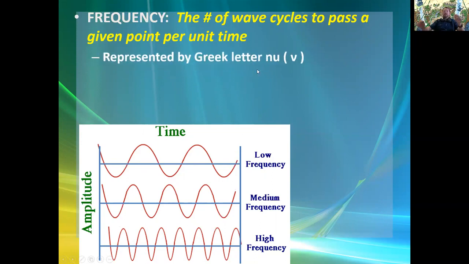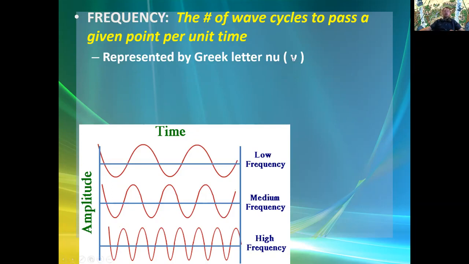Well, frequency is how many waves happen per unit time, and it's a measurement that we have. And we even give it its own special symbol, the Greek letter nu. So you've been taught alpha, beta, gamma, delta, mu, even omega, and lambda for wavelength.